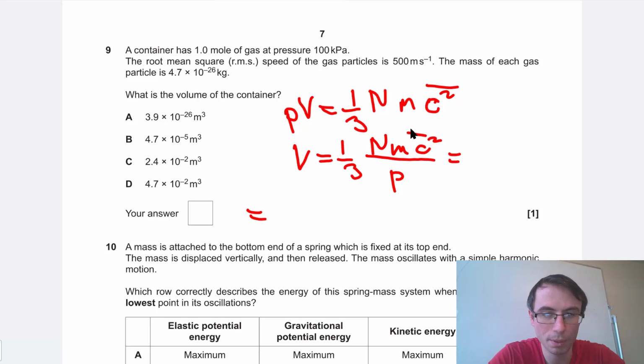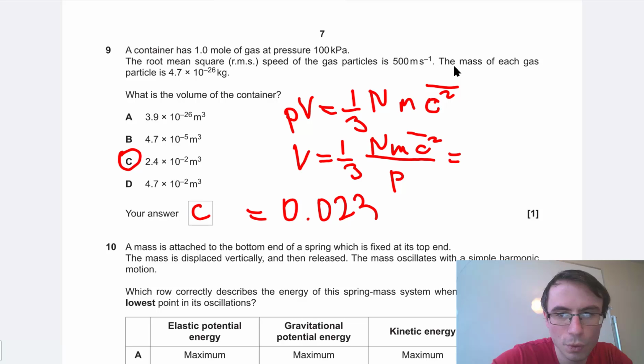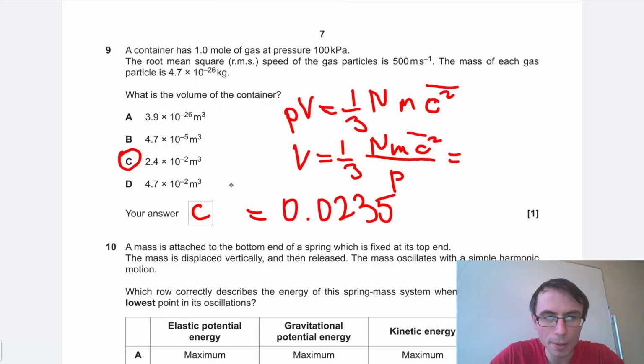Okay, times by 3. So I get around 2.4 times 10 to the power of minus 2. Correct answer is C. The actual fraction I got was 0.0235.